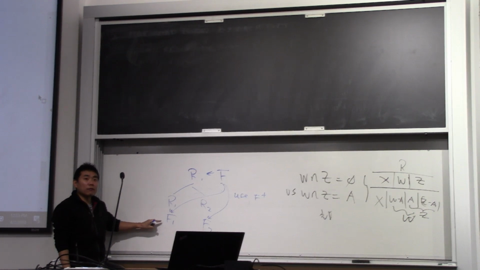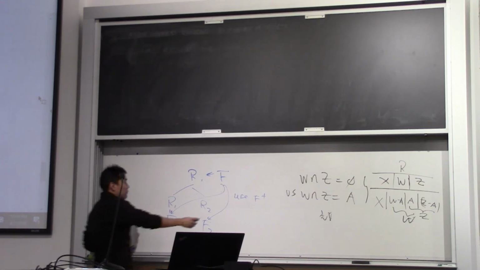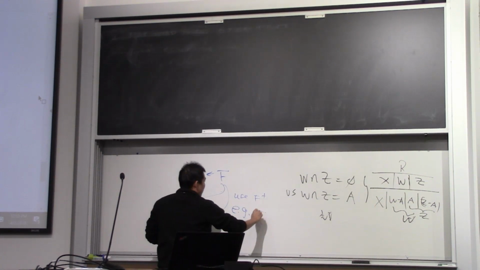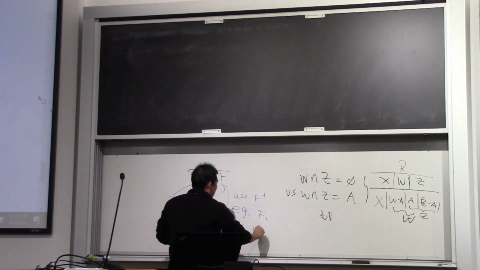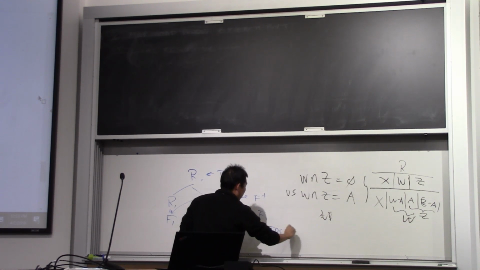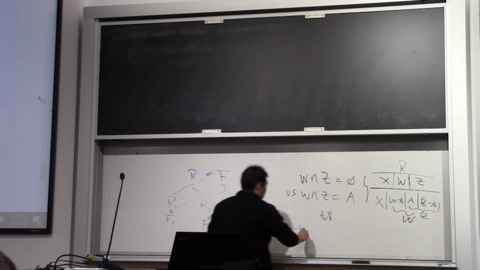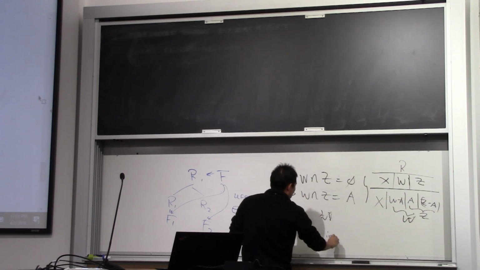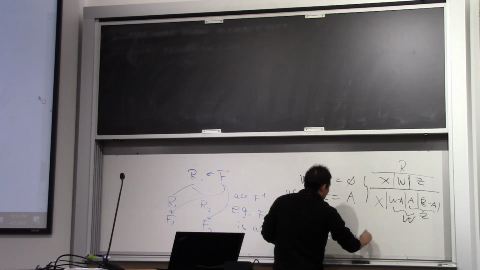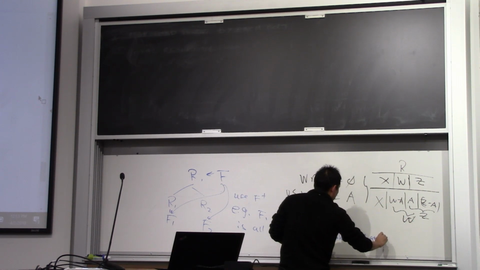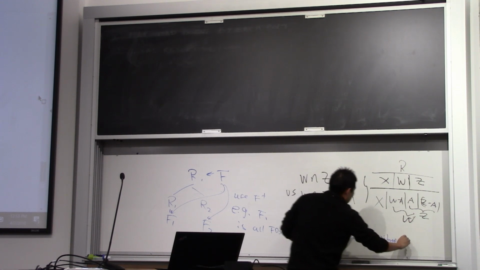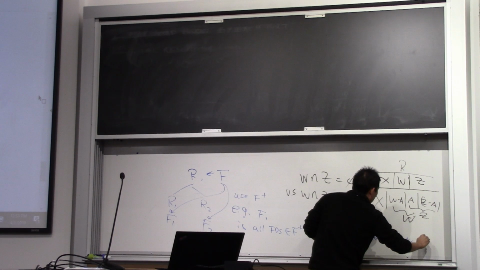This is all the functional dependencies. For example, F1 is all functional dependencies from F closure that involve only attributes from R1.